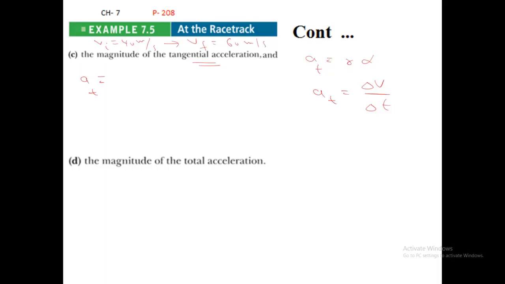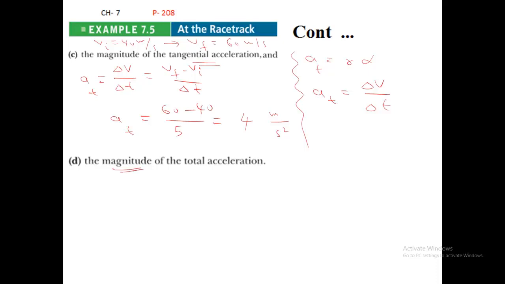So I have del V over del T, so I have Vf minus Vi over delta T. 60 minus 40 over 10, which is given to you as 5 seconds. So you get tangential acceleration 4.